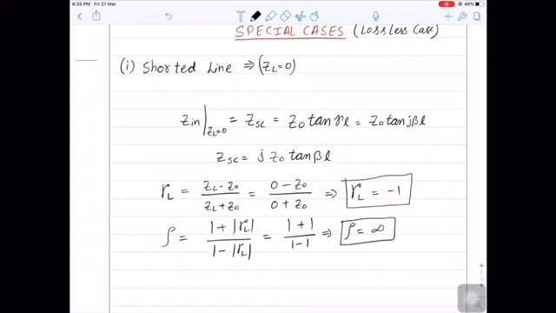That means if you terminate a transmission line with a short circuit connection, the reflection coefficient or mod gamma L equal to 1, which implies the total voltage is reflected back. That means no power delivers to the load.